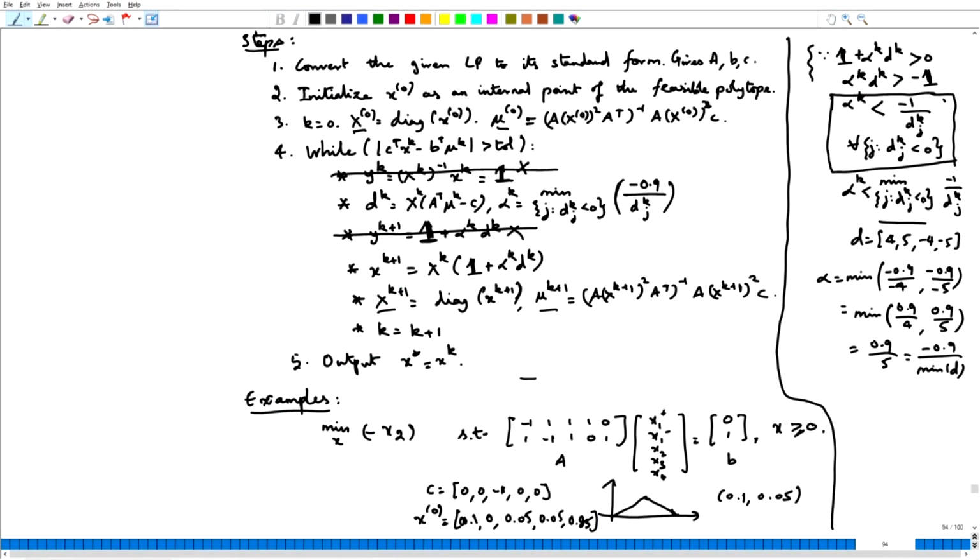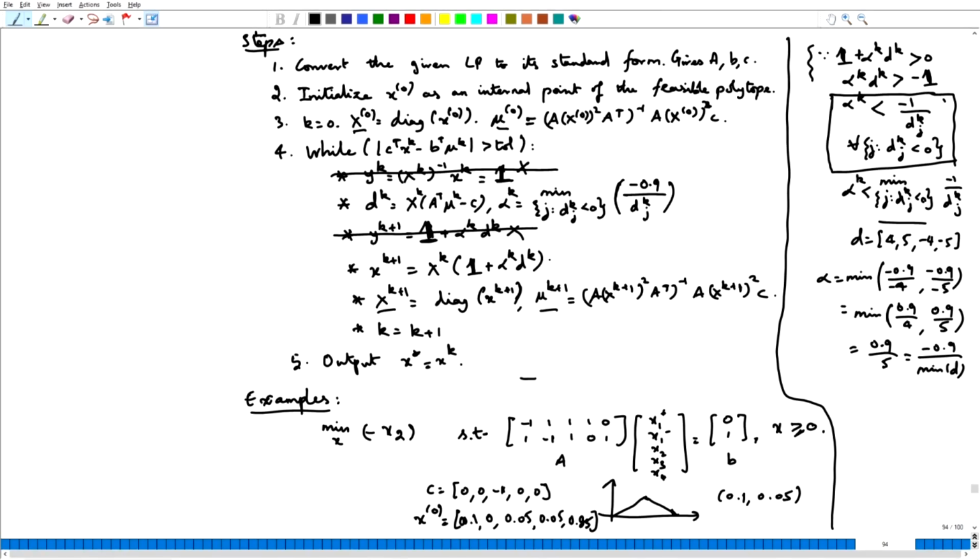Now, x_{k+1} is capital X_k into 1 plus alpha_k d_k. Note that capital X_k is a diagonal matrix with the elements of x_k on the diagonal.